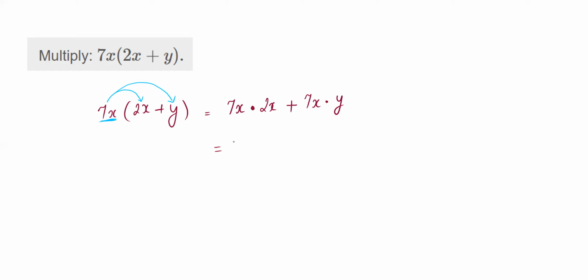So 7 times 2 is 14, and the like base is x and x. They each have a power 1, so 1 plus 1. I'm just going to write it a little expanded here because we're seeing it for the first time. So 14x squared plus 7xy. Again, the x squared comes so intuitive, but it is basically coming from your product property, right? Then we box this answer.